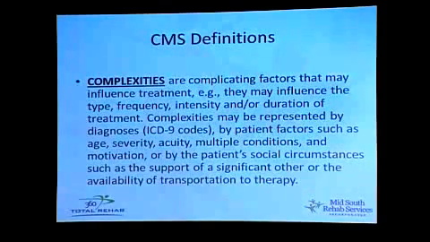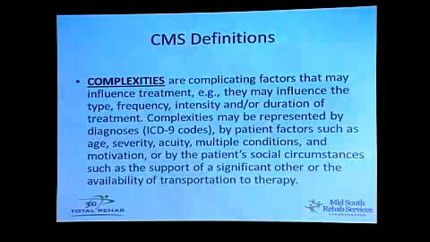Complexities. We know that our documentation must be of such sophistication and complexities that only a therapist could provide the service. And so they tell you what the definition of complexities means. They are complex factors that may influence treatment. For example, they may influence the type, the frequency, the intensity, or the duration.